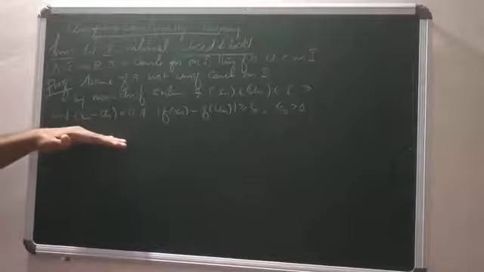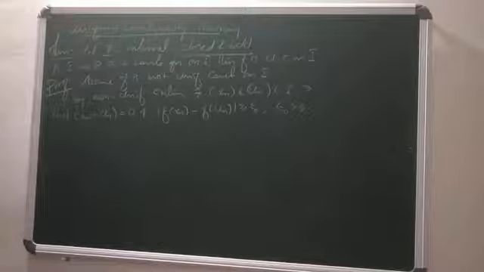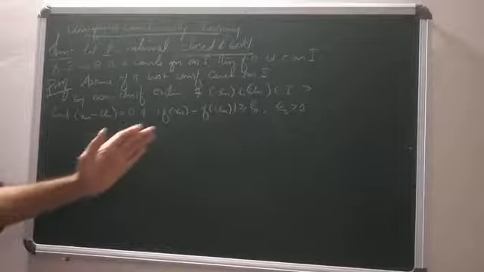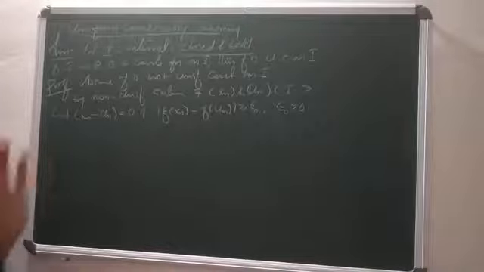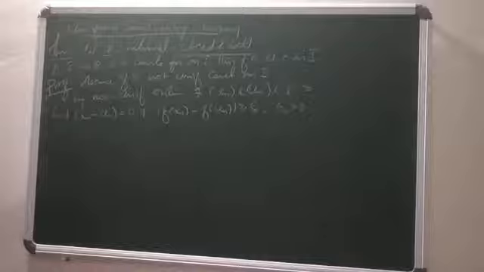Why is this obtained? Because of our non-uniform criteria. Since our assumption is f is not uniformly continuous, by the non-uniform criteria there exist two sequences xn and un in I with this property.